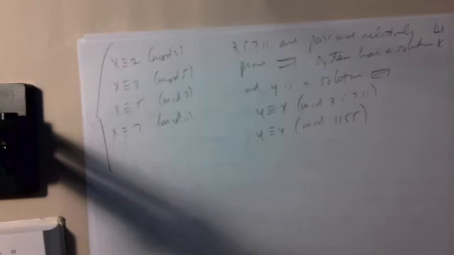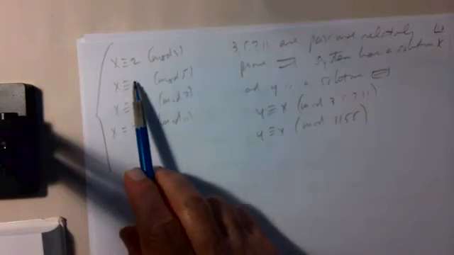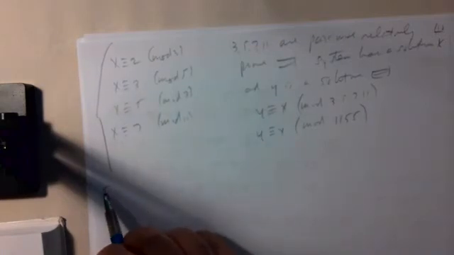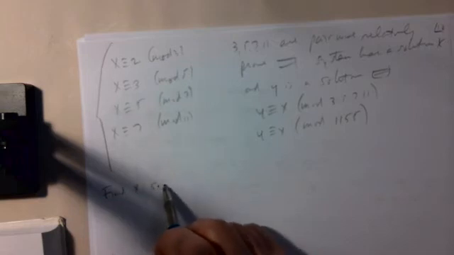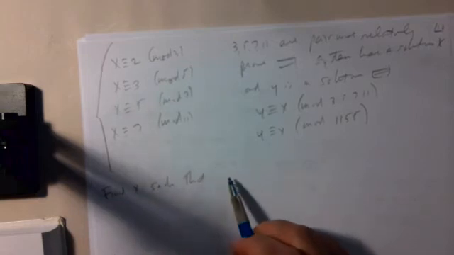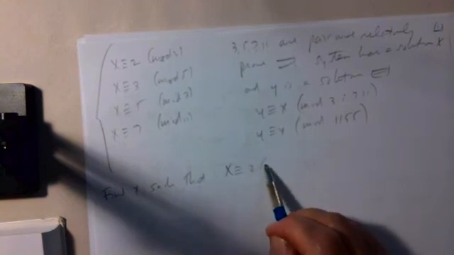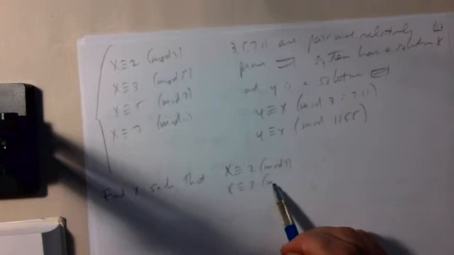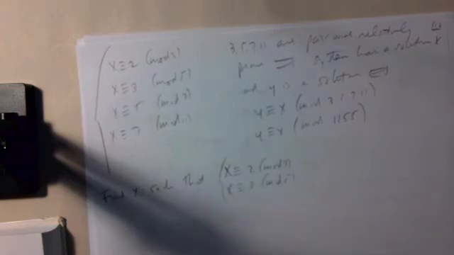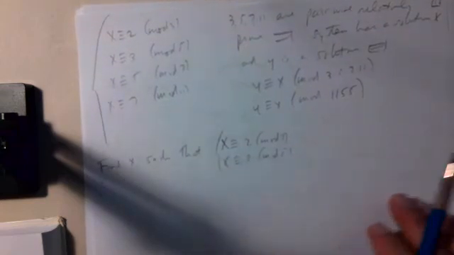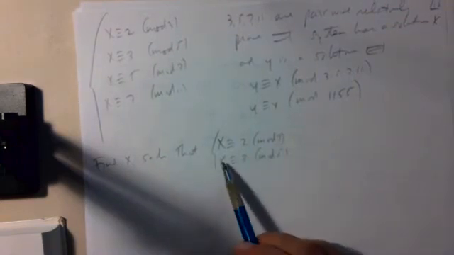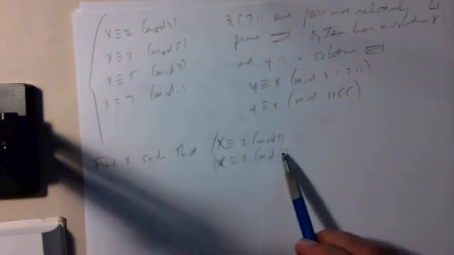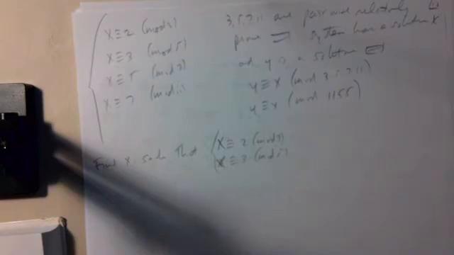So let's find the solution. Let's just do it step by step. First of all, find x such that x is congruent to 2 mod 3 and x is congruent to 3 mod 5. I'll let you do that. Find a number x which satisfies these two congruences.